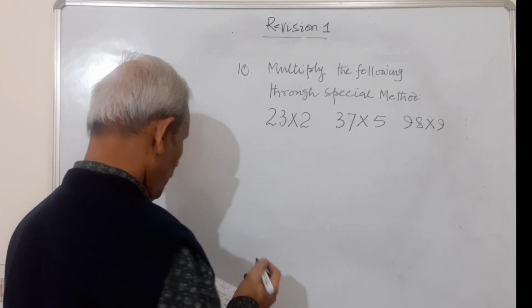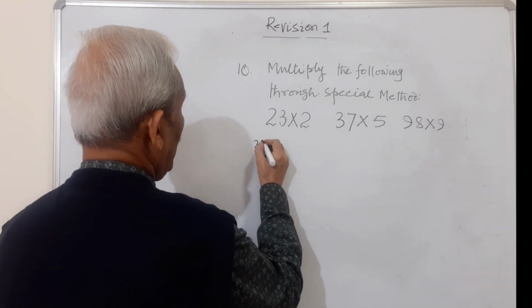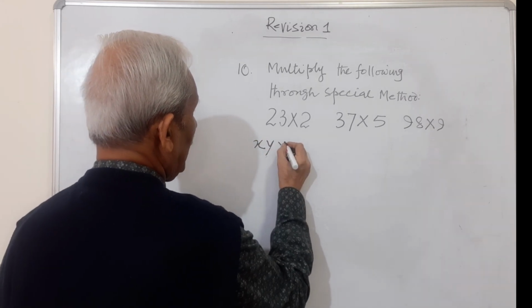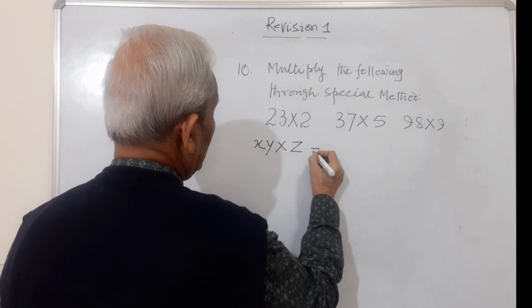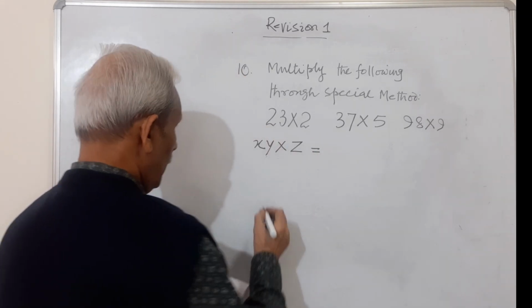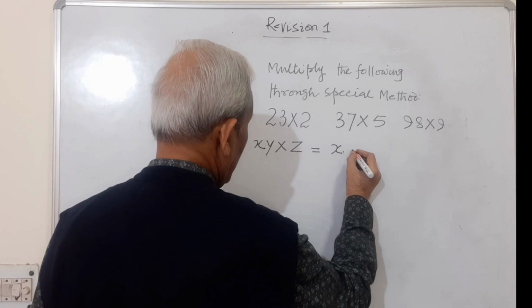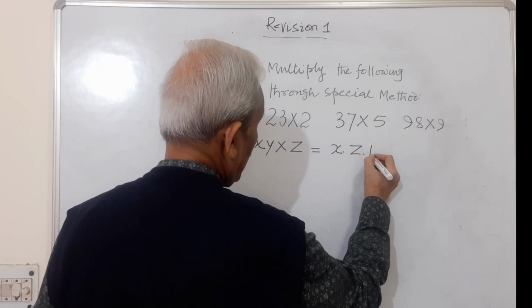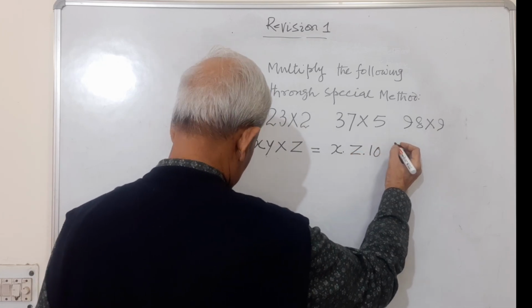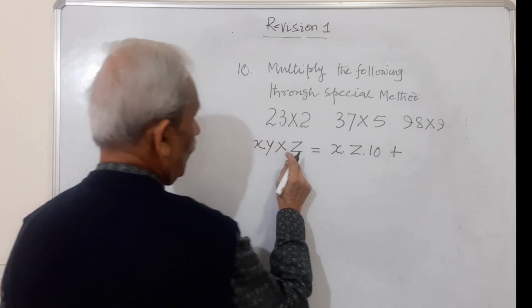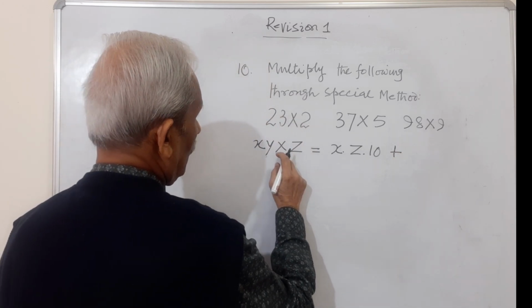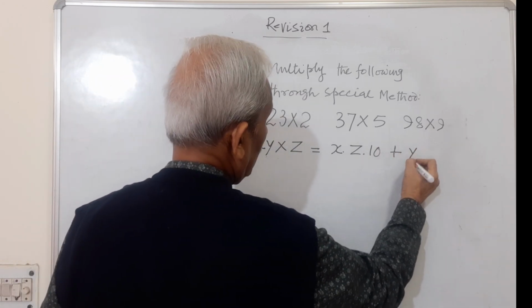I told you the formula is that if you multiply any two-digit number xy with z, the formula is x into z into 10 plus y into z.